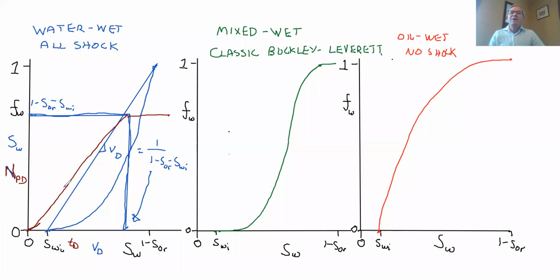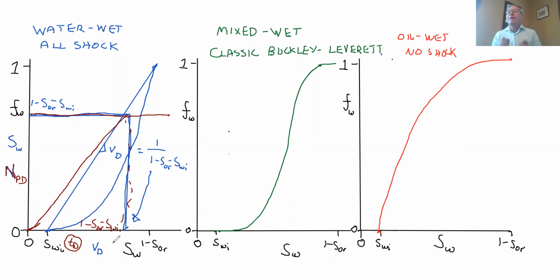So this would be MPD equals TD. The maximum recovery is 1 minus SOR minus SWI, so it's in fact following this. And this point will again be a TD, which is 1 minus SOR minus SWI. So I agree it looks quite busy, but the solution is relatively straightforward.